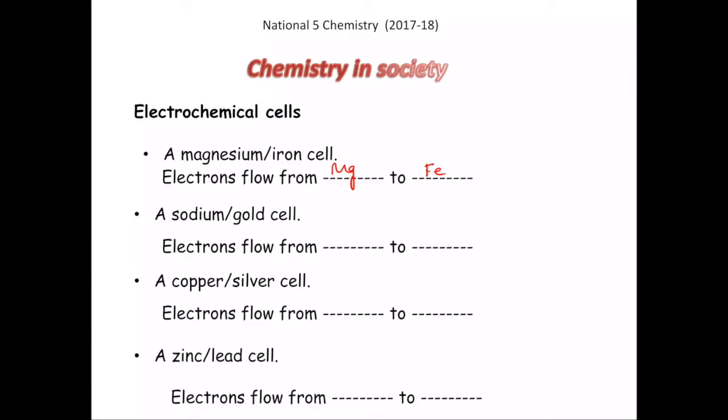In a sodium gold cell, electrons flow from sodium to gold. In a copper silver cell, electrons will flow from copper to silver. In a zinc lead cell, electrons will flow from zinc to lead.